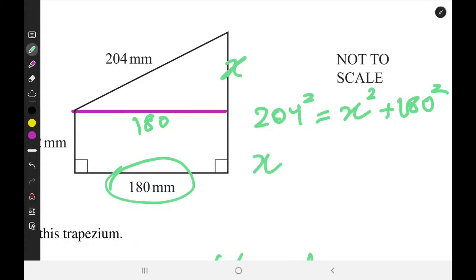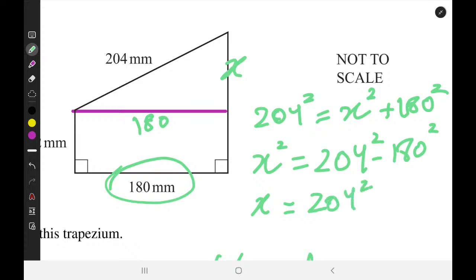Taking this on the left side, x square is 204 square minus 180 square, so x is equal to the square root of 204 square minus 180 square. The root will cancel the square.